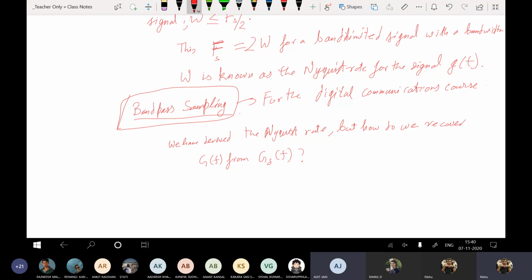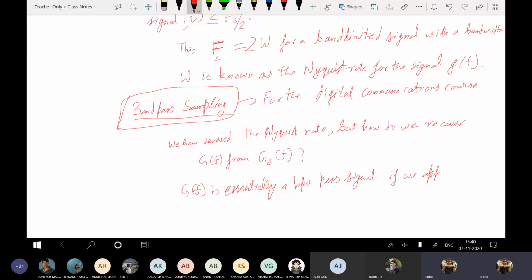Sir, by applying a filter. Yes, low pass filter. G(f) is essentially a low pass signal.